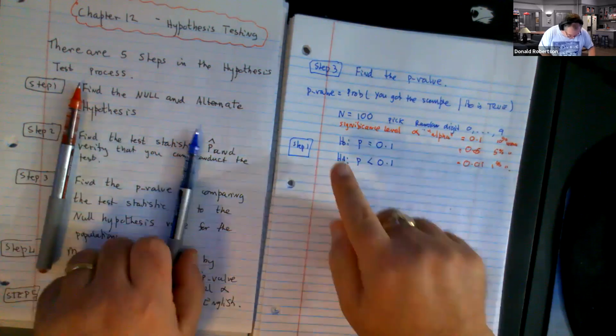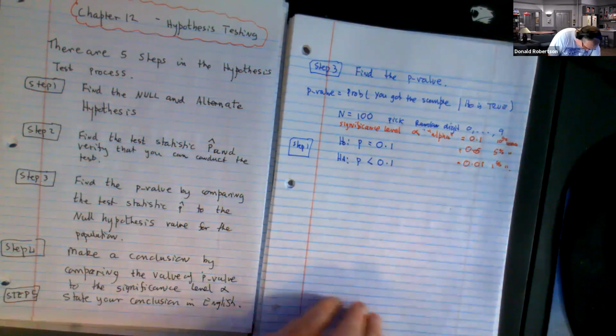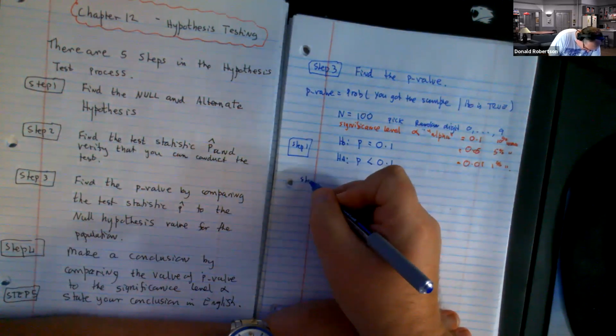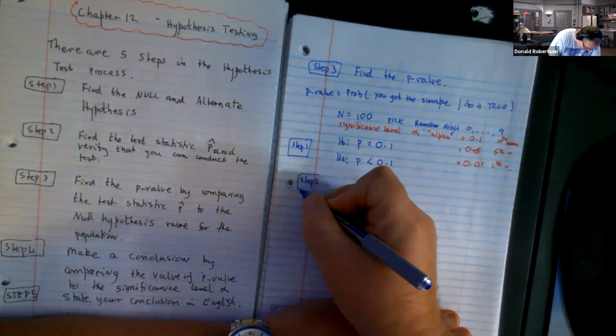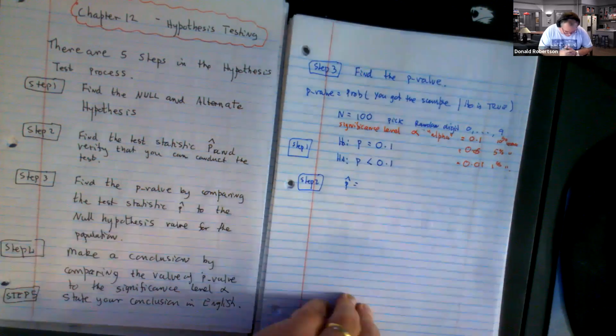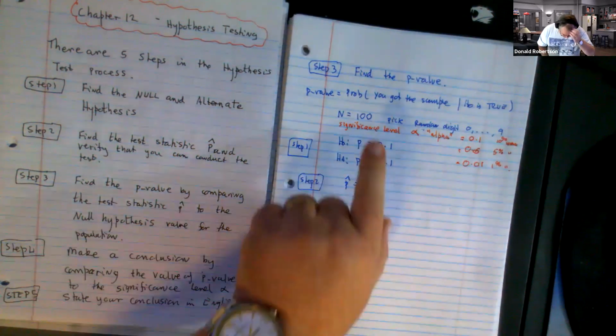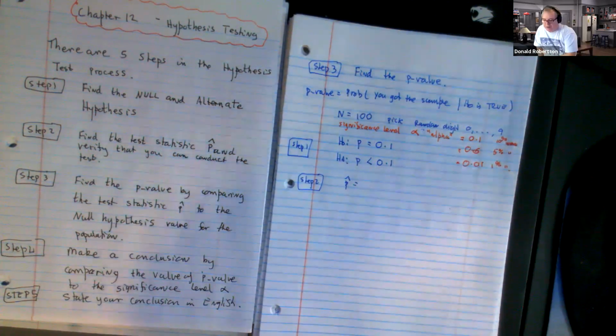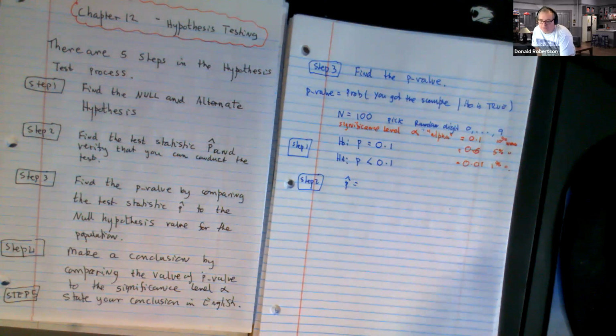So let's continue with our step 2 now. We find p hat. Okay, so I went out there and I asked 100 people, pick me a number, and I only bothered to count, because that's all I'm interested in right now, those that picked 0. Would we agree it's probably going to be less than 10 based on what we did in class?